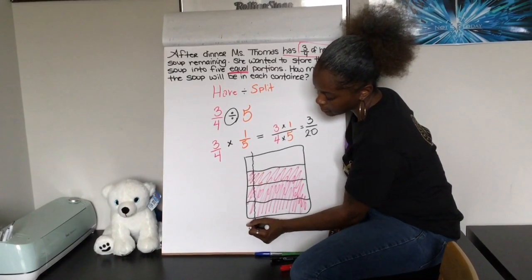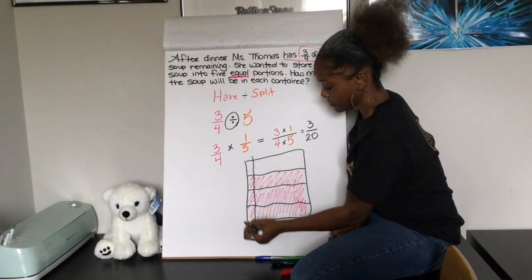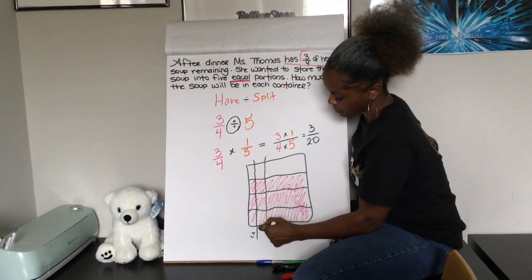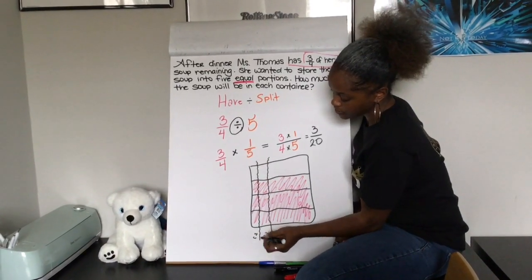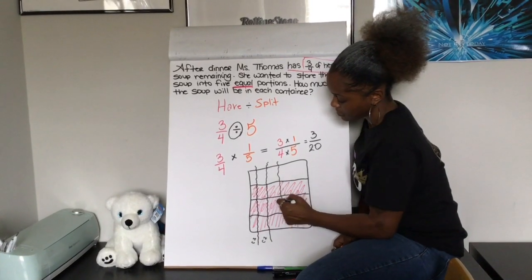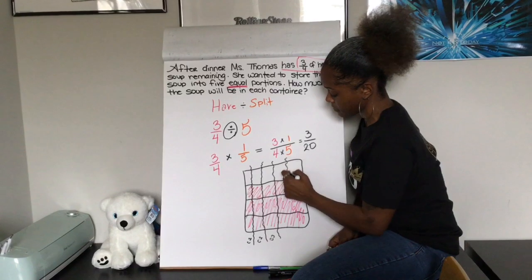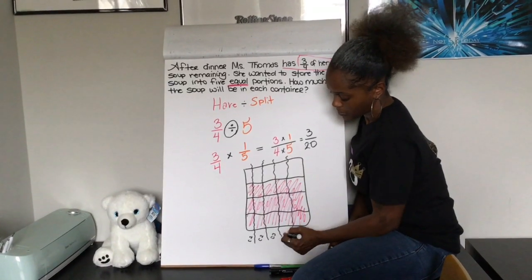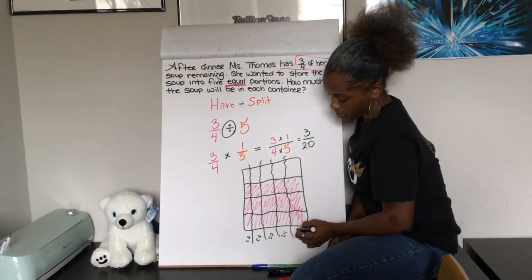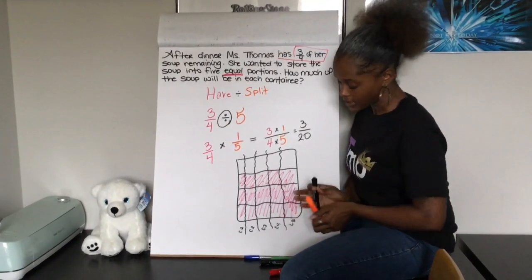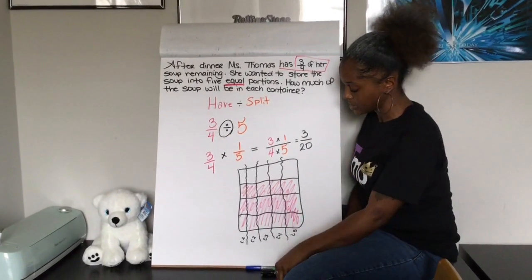Container 1, container 2, container 3, container 4, container 5. So for each of our 5 containers, what portion do we receive?